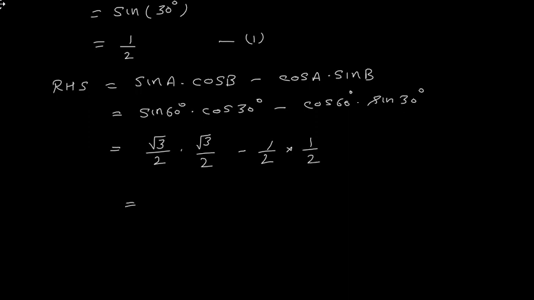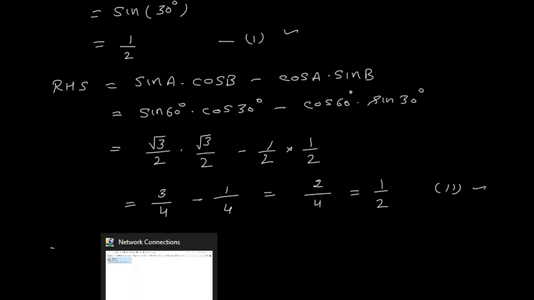So root 3 into root 3, it will become 3 divided by 4 minus 1 upon 4. So 3 minus 1, this is 2 upon 4 and 2 upon 4 is 1 upon 2. Okay. So first and second both are 1 upon 2.